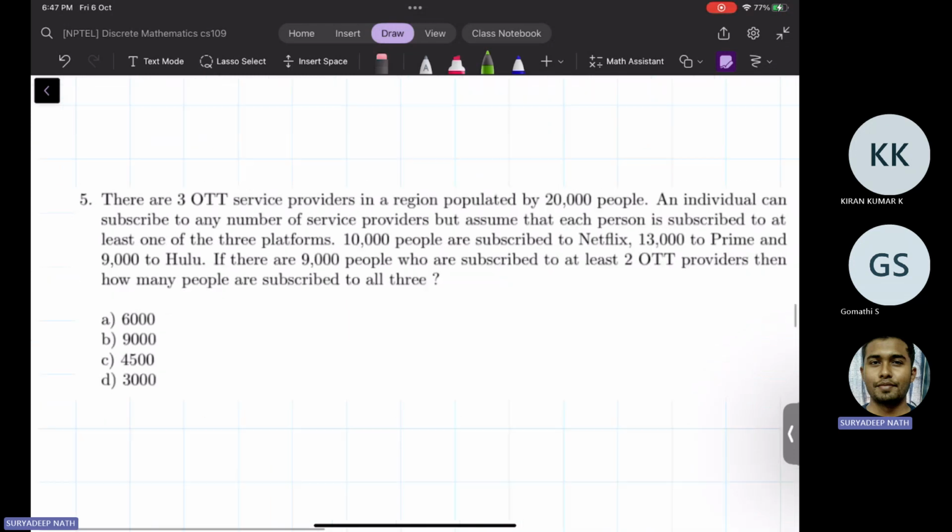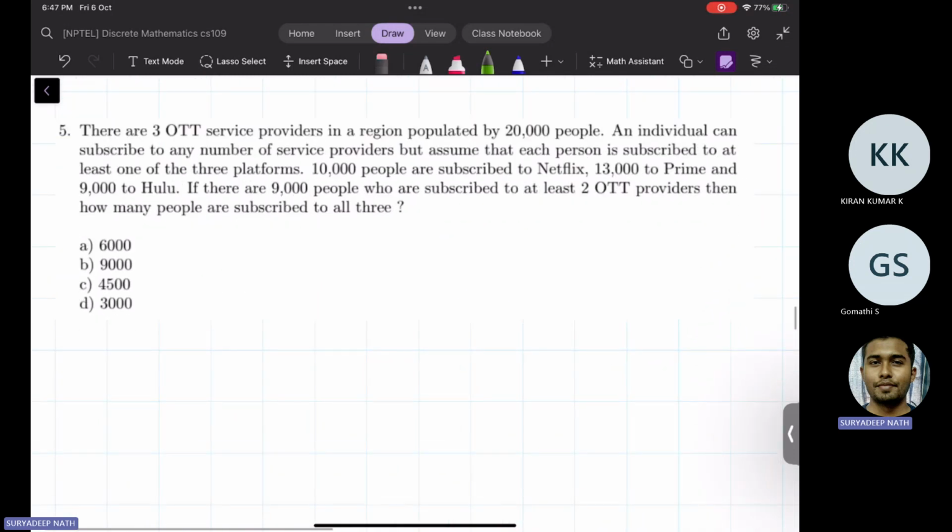It was a pretty straightforward question. Coming to question number 5. There are three OTT service providers in a region populated by 20,000 people. An individual can subscribe to any number of service providers, but assume that each person is subscribed to at least one of the three.